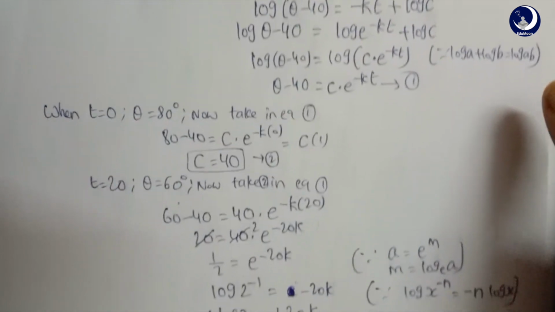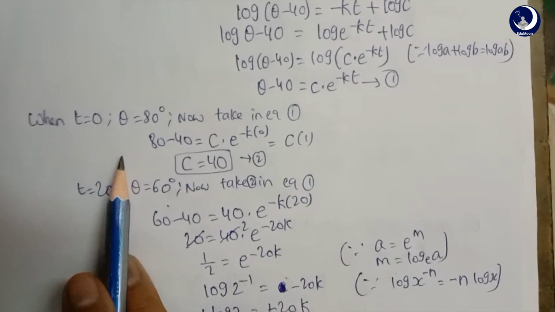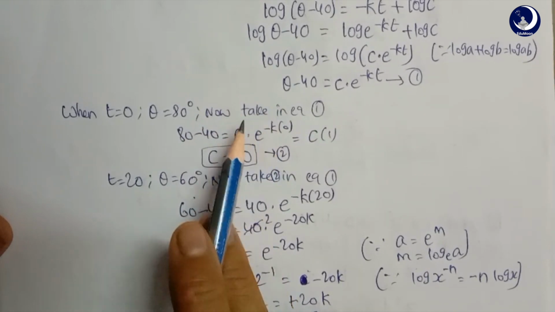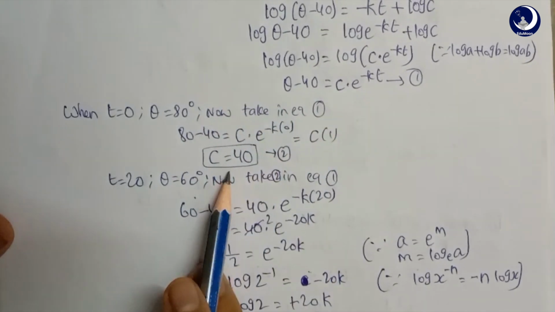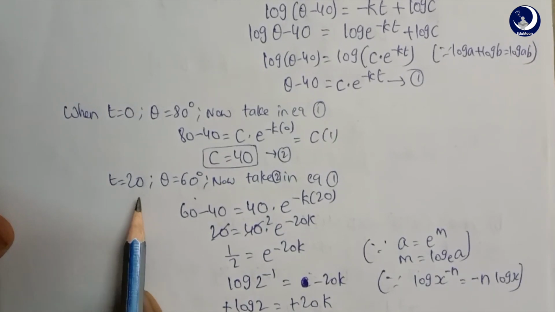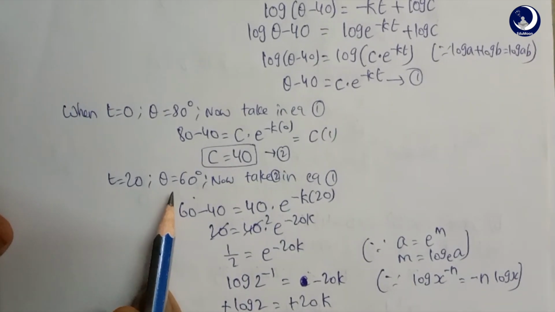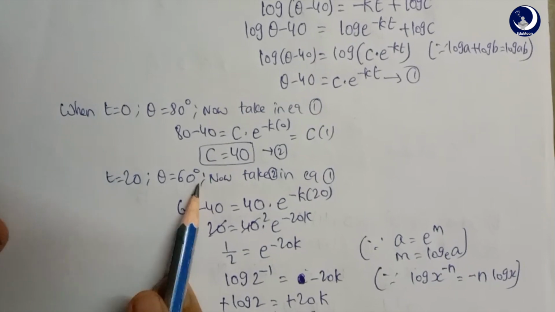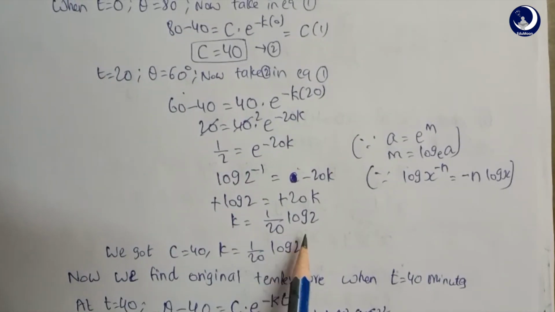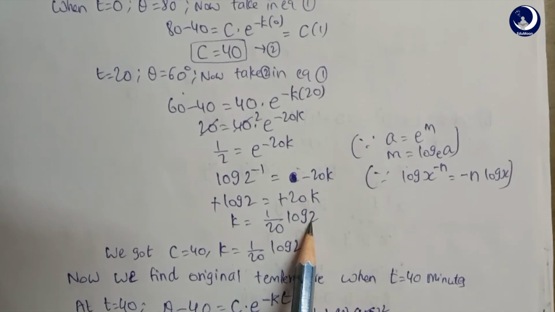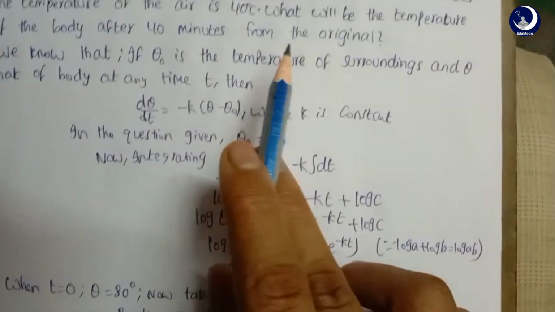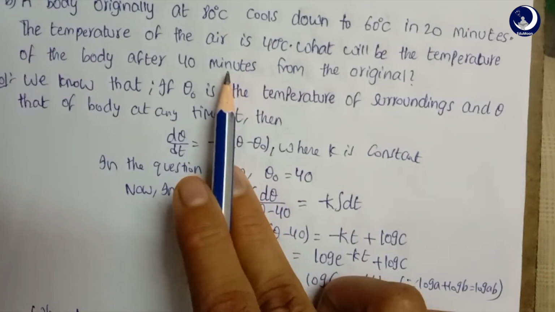That means the temperature decreases. At initial t equal to 0, theta equal to 80. By solving, taking equation 1, I got c value 40. At t equal to 20 minutes, theta is down to 60 degrees. By replacing in equation 1, I got k value 1 by 20 into log 2. We got the c value and k value, and we need to find the temperature at t equal to 40 minutes.